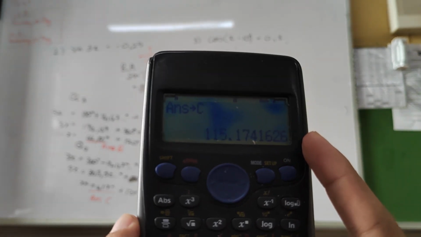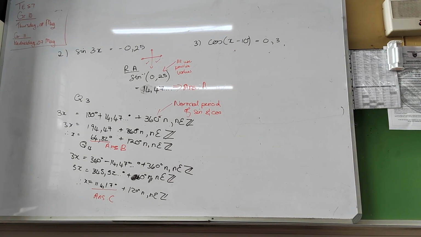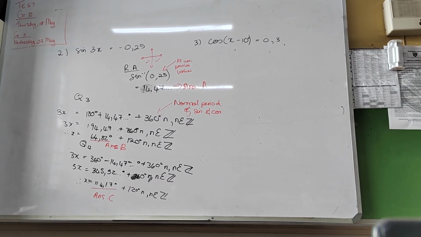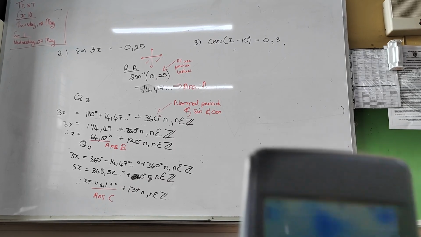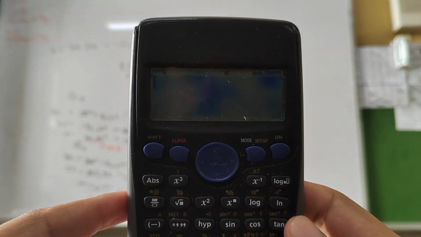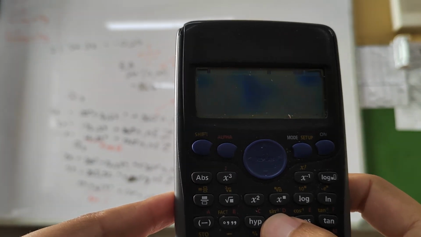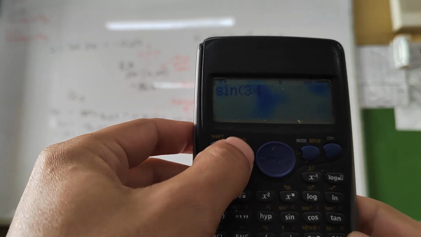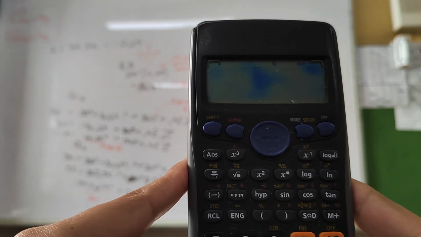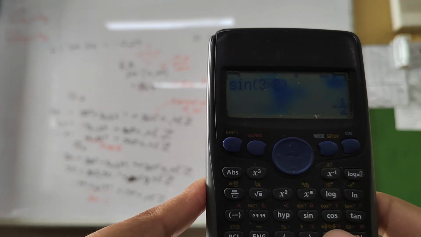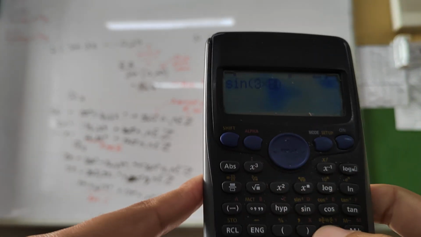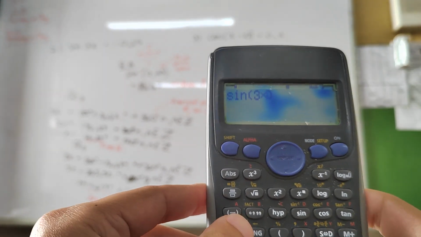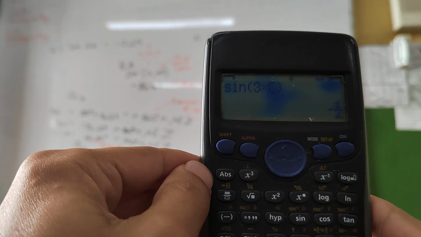And now the final step to check, remember, the question was sine of 3x is equal to negative 0,25. So we go now to our calculator, and we type sine 3 multiplied with alpha B, and then we get our answer, which is negative 1/4. And if we check for the answer of C, alpha C is also negative 1/4.